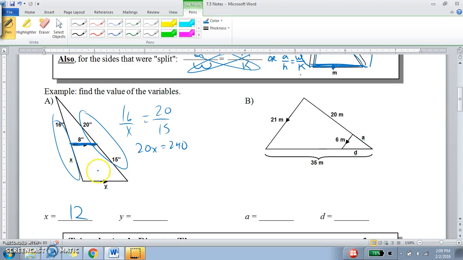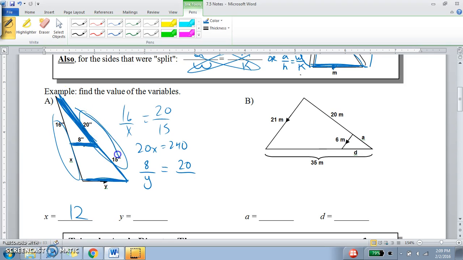Now, to compare Y is the entire bottom side of the big triangle, and it compares to 8, which is the bottom side of the small triangle. So we have to compare 8 and Y, but then we have to be careful because 8 would compare to either 20 or 16 on the small triangle. We could use either one. So 20, if we pick that one, that's going to compare to, again, this entire side of the big triangle.